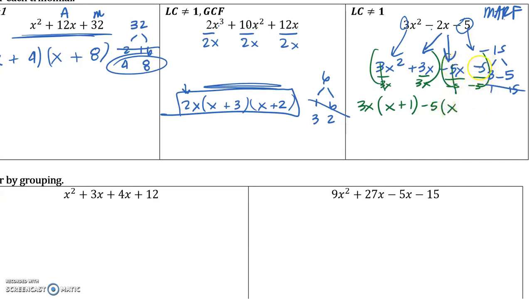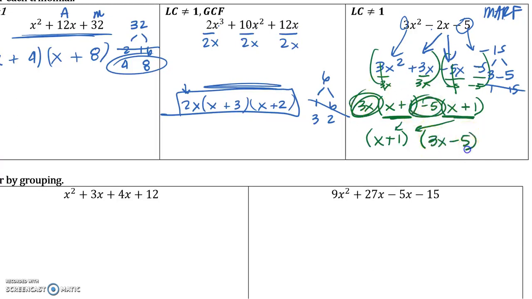The 5's cancel. Negative 5 divided by negative 5 is a positive 1. Now, I know I've done MARF correctly if these two guys end up being exactly the same, which they are. So they make one of my factors. My other factor is made from the leftover stuff, the 3x and the minus 5.